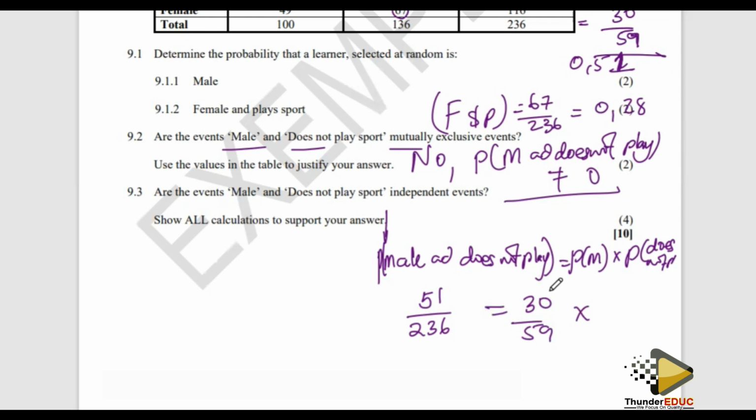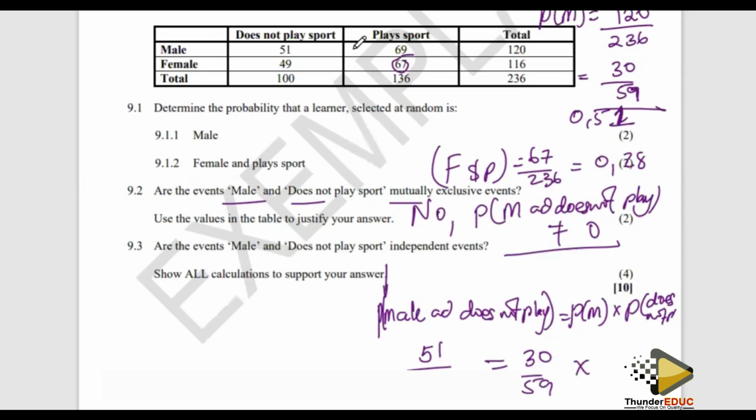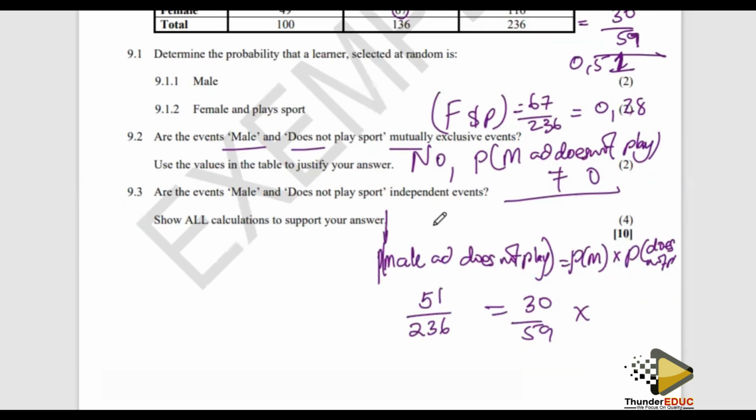And then probability of does not play. So how many people do not play sport? It's 100, regardless of whether they are male or female. So it's going to be 100 over 236. When I simplify my left-hand side, I will say 51 divided by 236.